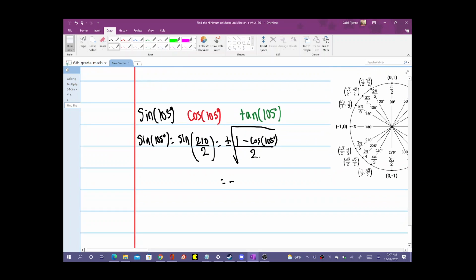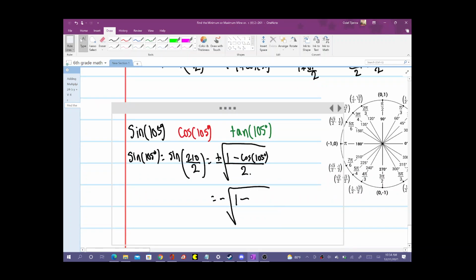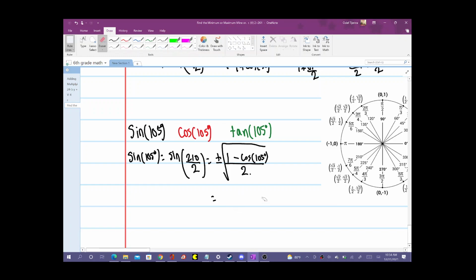So we can say negative the quantity 1 minus, and I believe that's how you do it, by the way. Give me a second, guys. Sorry, guys, I made a mistake. Oh my goodness. That's why I was getting it wrong.